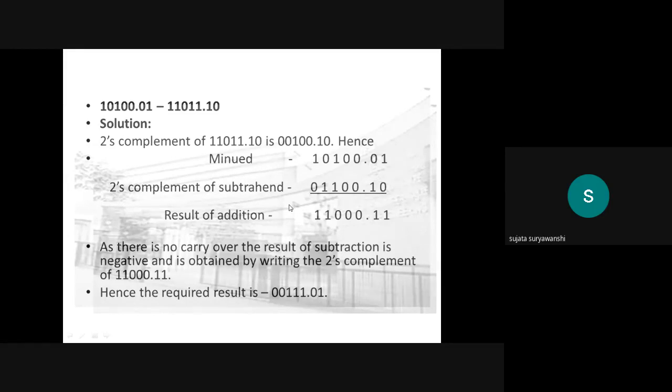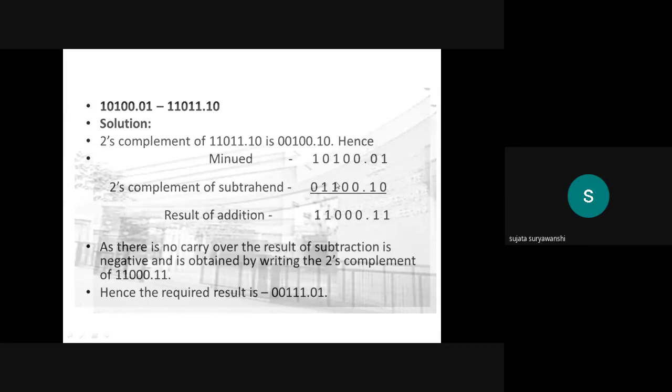But if you are getting carry 0, in this case, carry is not generated. See, here, just add: 1 plus 0, 1; 0 plus 1, 1; 0 plus 0, 0; 0 plus 0, 0; 1 plus 1, 0, carry 1; 1 plus 1. Sorry, I think it is wrong.